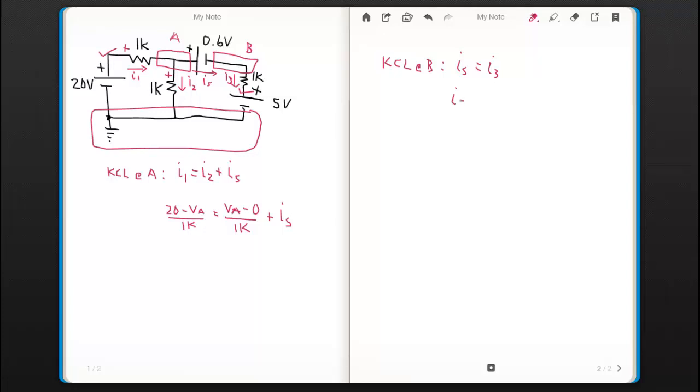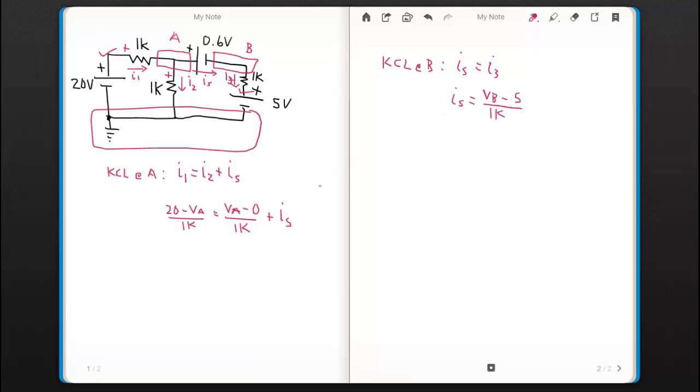Because here we have IS on this side of the equal sign for the KCL at node B, but we can write I3 in terms of voltage using Ohm's law, because I3 is the current through this 1K. So this would just be VB minus 5 over 1K.